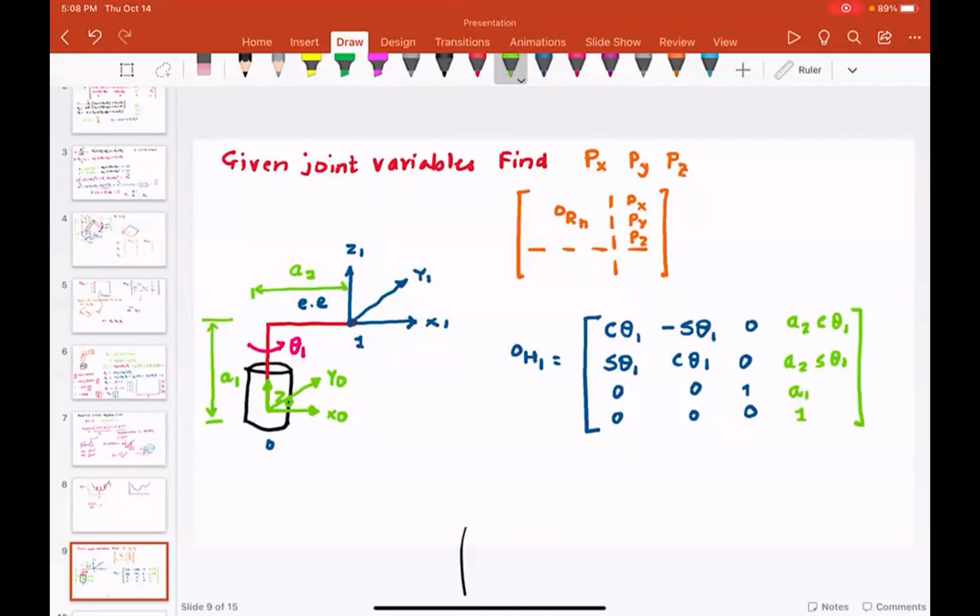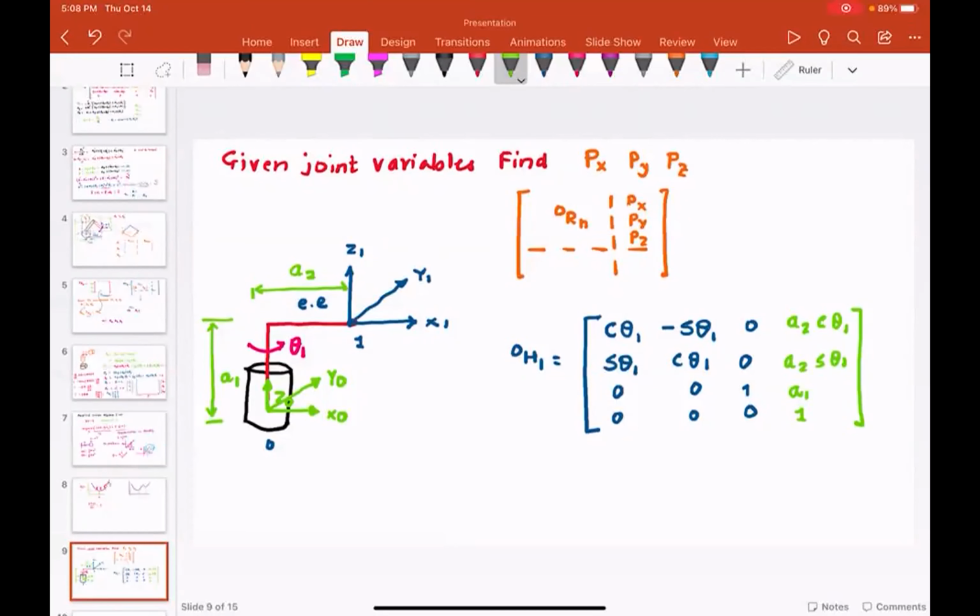Now I know the values of Px, Py, and Pz. I want to find now the velocities. So how do we find the velocities? The simple way to find velocity is to differentiate. One thing that I want to understand is, amongst these, what is changing and what is constant.